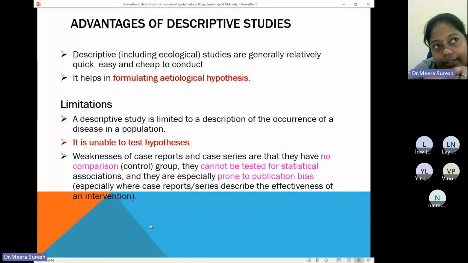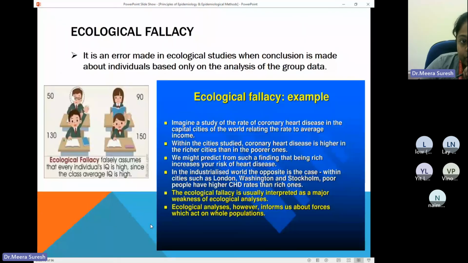And because if we want to do a publication, we may manipulate the result also. No one is waiting to know. So there can be a publication bias in describing the effectiveness of a particular intervention. And that is why, because the bias is more, in the hierarchy case reports and case series are placed in a lower position.